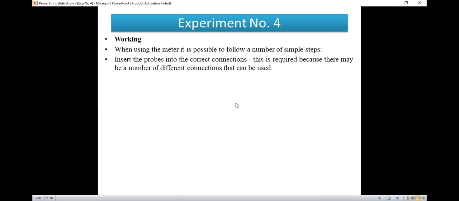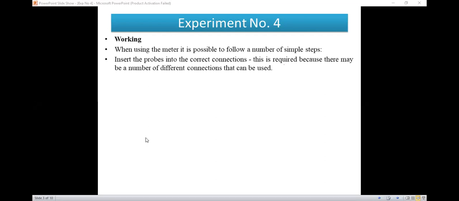Regarding the working of this, when using the meter it is possible to follow a number of simple test steps. There are some steps to be followed when using these types of meter.